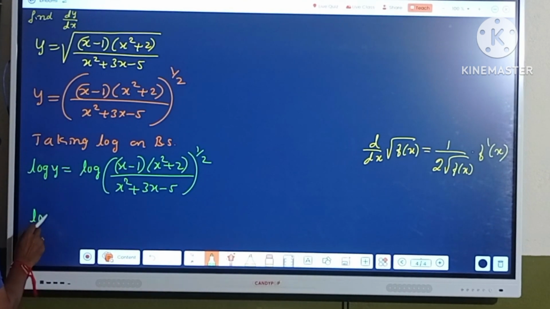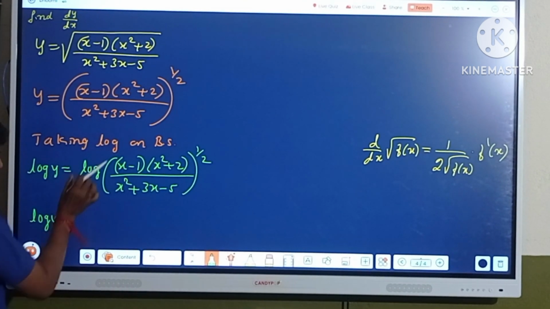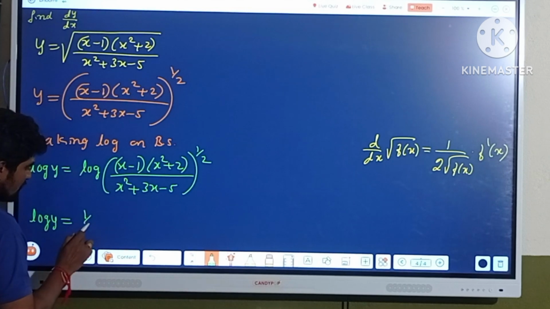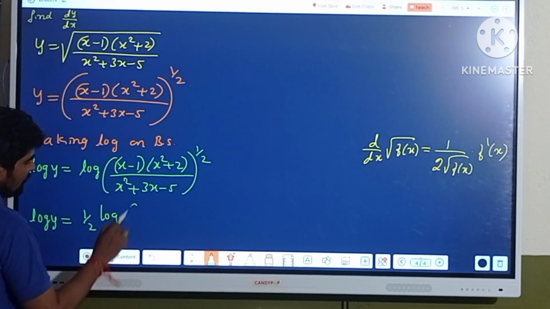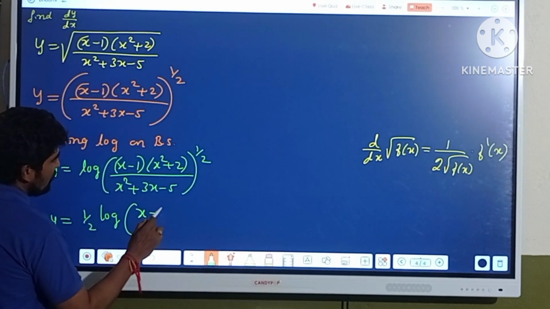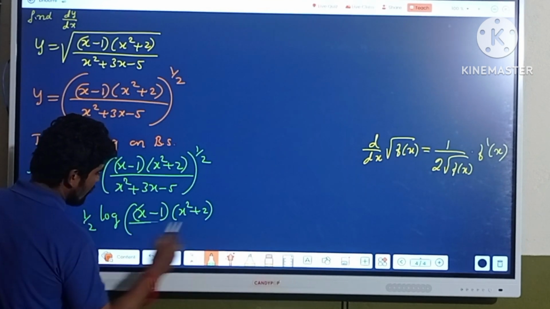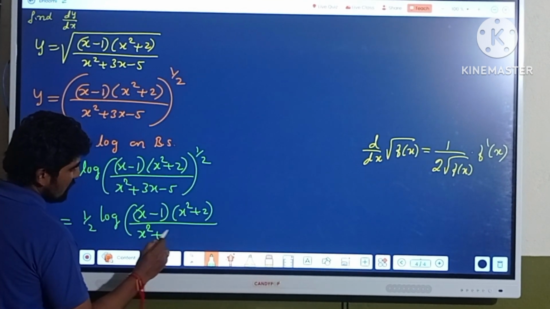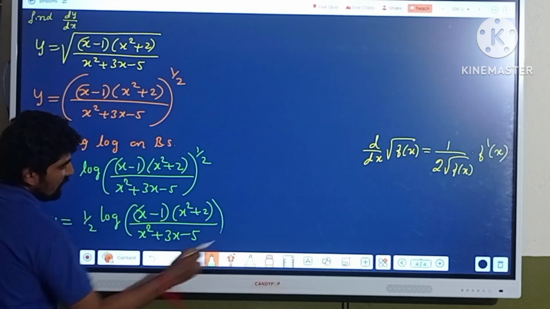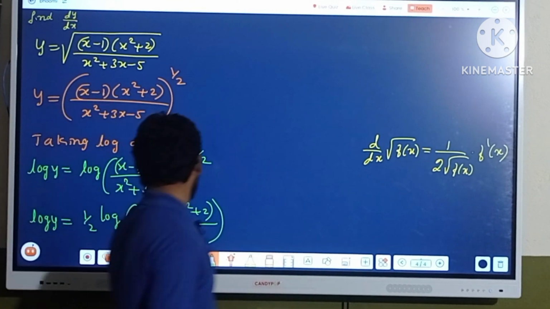Now by using the property that log m power n can be written as n into log m, that is 1 by 2 into log of x minus 1 into x square plus 2 divided by x square plus 3x minus 5. I hope all of you are understanding.